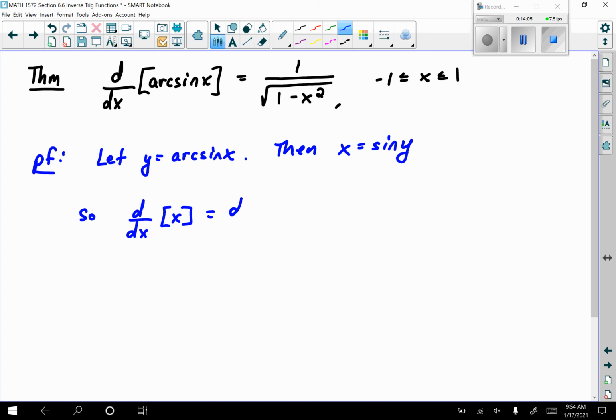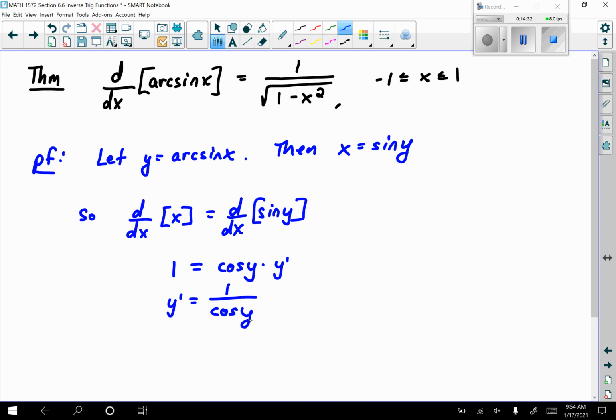We're just going to take the derivative of both sides, becomes the derivative of sine of y. Derivative of x is just 1. Derivative of sine of y is going to become cosine y times y prime. So then y prime, I'm just going to divide both sides by cosine y, becomes 1 over cosine y.